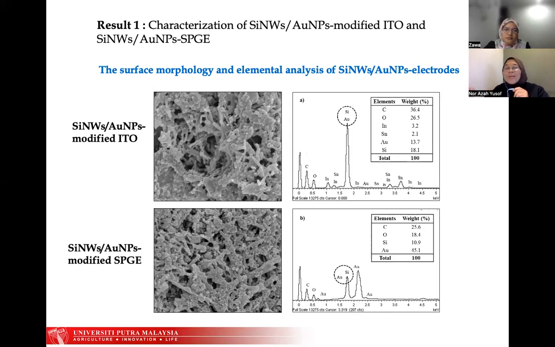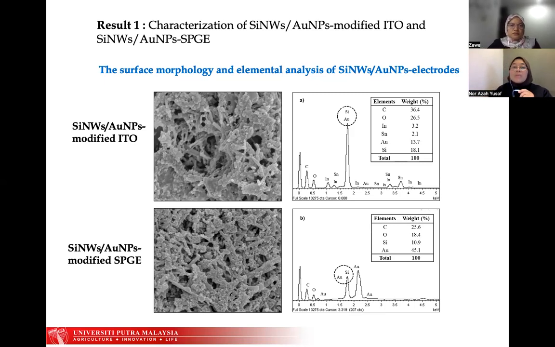You propose nanomaterial, but there's no FESEM, there's no HRTEM. So how are you going to prove that you are actually working with nanomaterial? So your results must make sense of what you want to achieve.